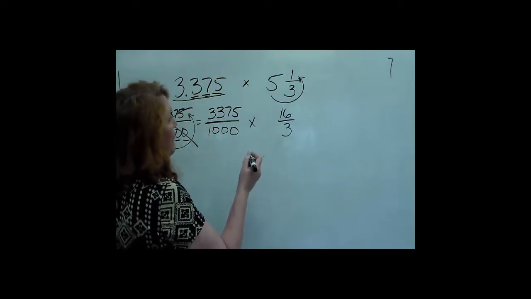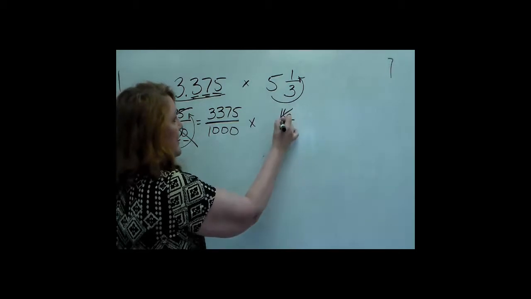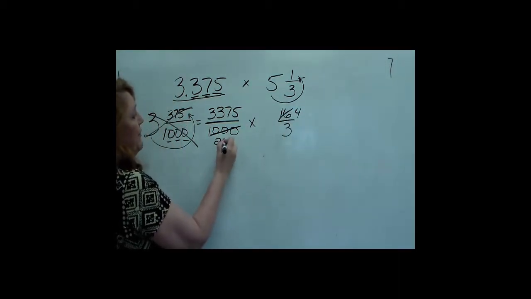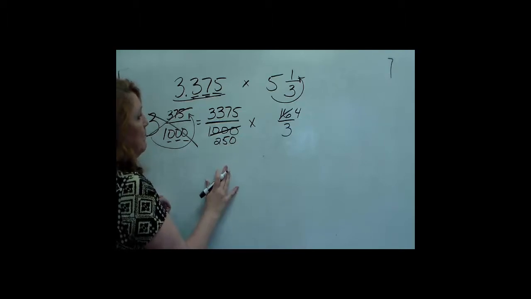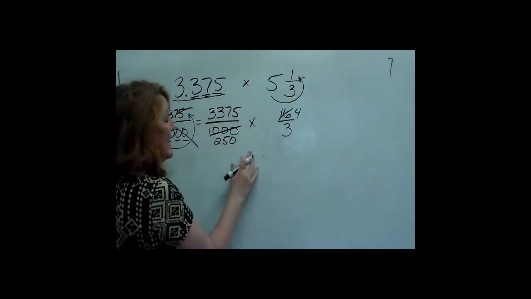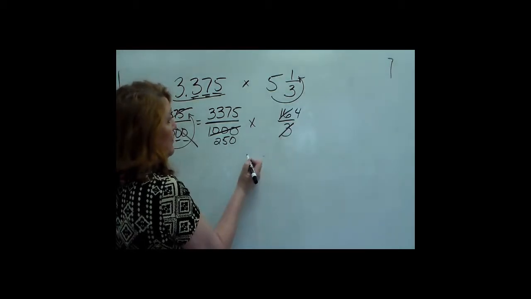And I know that 4 goes into this, and 4 goes into this. 4 goes into 12 5 times. And 3 plus 3 is 6, plus 7 is 13, plus 5 is 18, so 3 goes into both of these numbers.